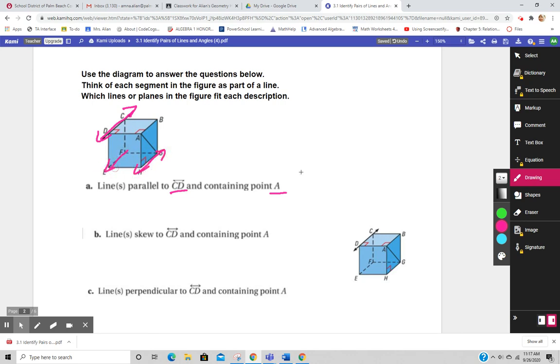This line EF is parallel. AB is parallel, but the only correct answer has to be AB because we want the line that's parallel and contains point A, and that's only AB.